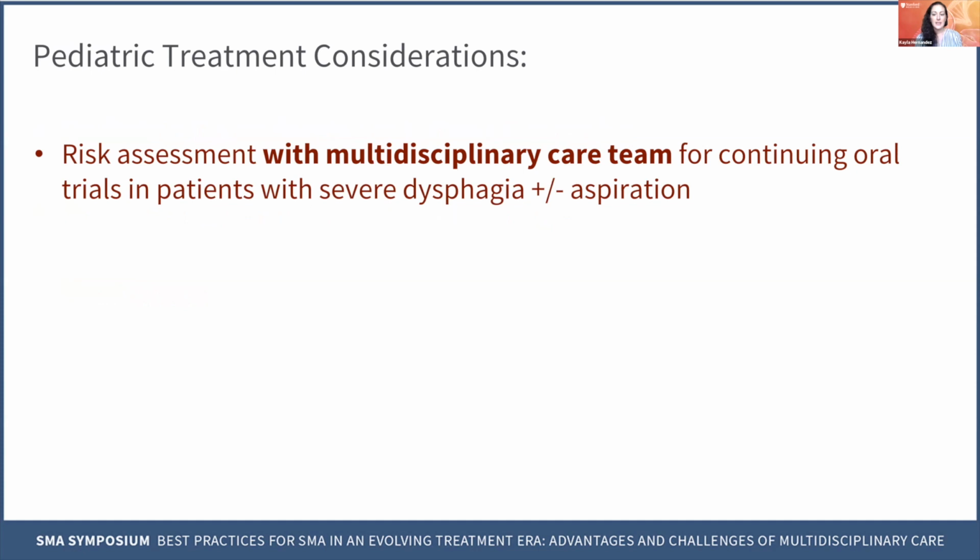We likely need to be more conservative than with other patient populations we might work with, as even a small amount of aspiration could have pretty catastrophic effects in some of our SMA patients, due to their low respiratory reserve and their less effective cough to clear aspirated material and secretions. So it's really important to perform that risk assessment and take that particular patient into consideration, along with their risk factors and variables that may be coming into play.